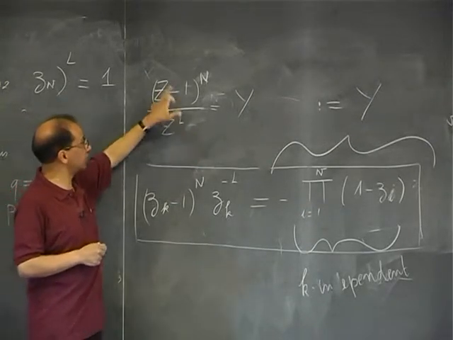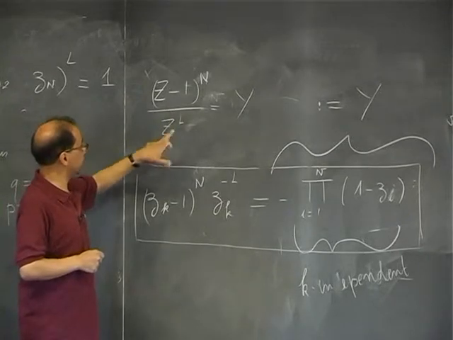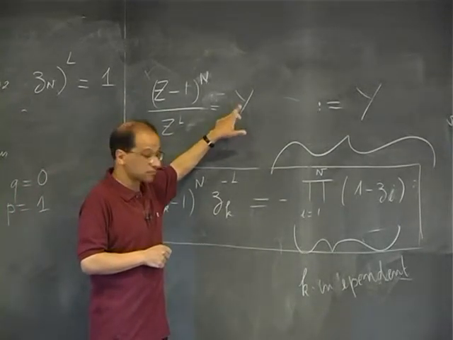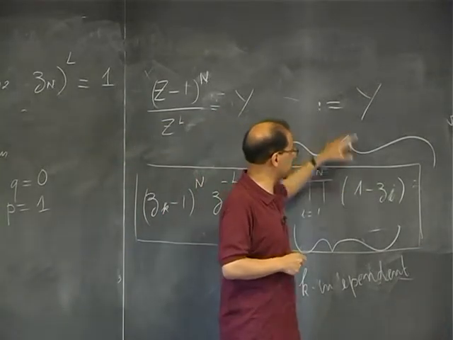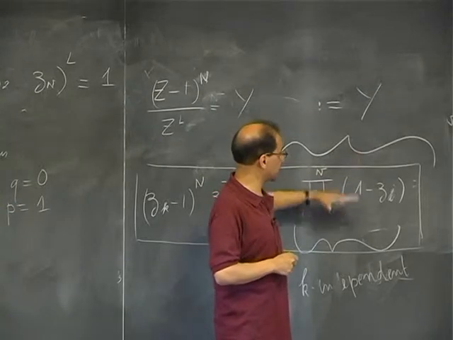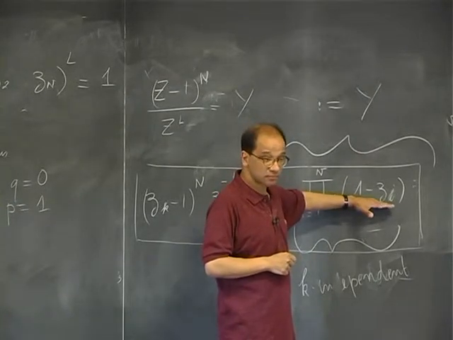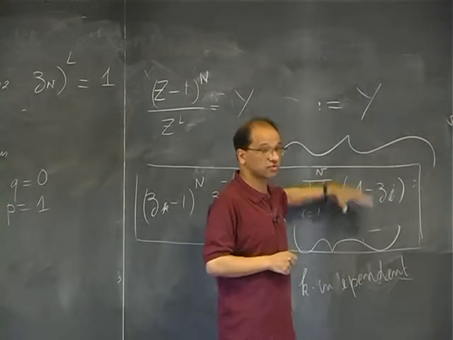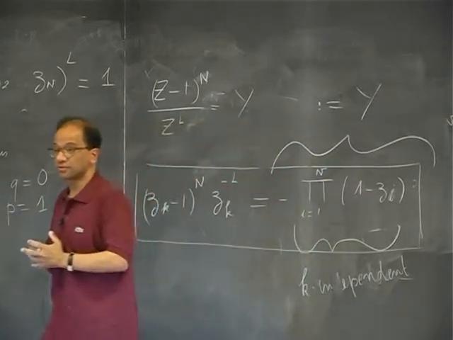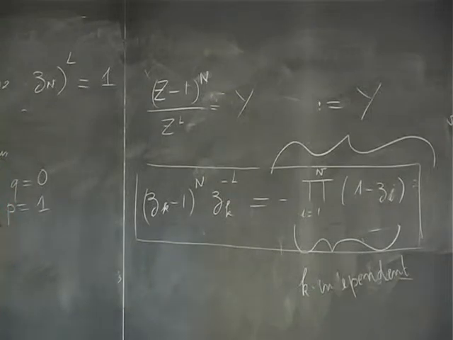And once I have solved it, all the z's are expressed as a function of this y. I substitute it back here because I have a formula which relates y with the z's. It's a product of 1 minus z_i. And of course it has to be consistent. And this gives you the solution of the TASEP Bethe equations.